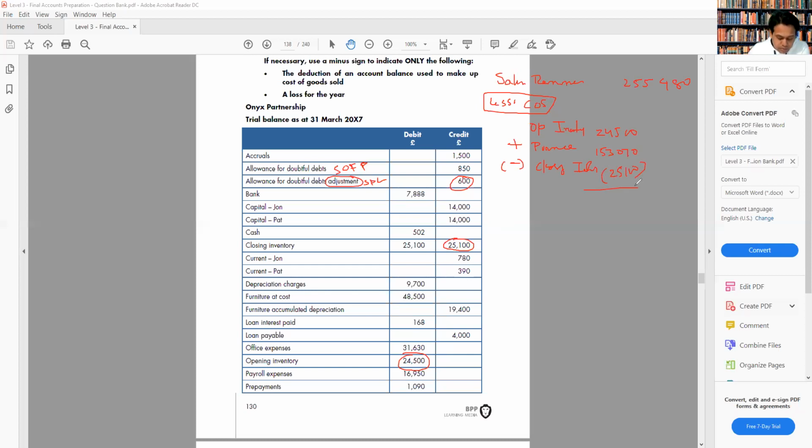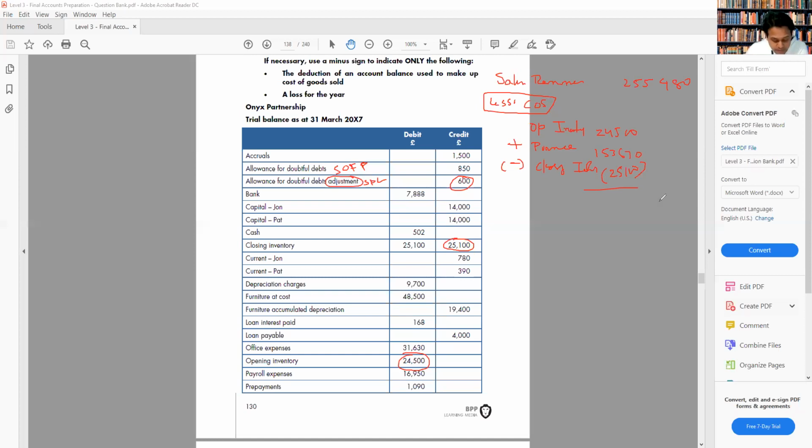And that will give us the cost of sales. So how much is the cost of goods sold? Purchases 153,670. Okay, so let me change this one then. Some information we have on the bill as well, so we might need to see it if we need to.